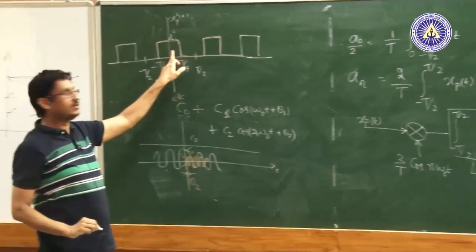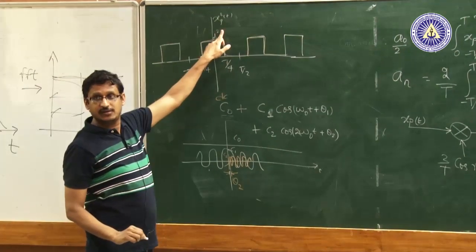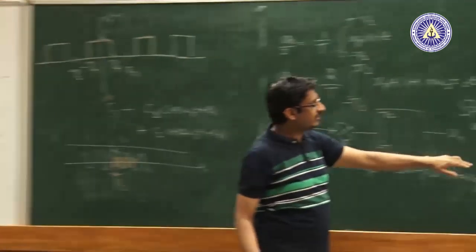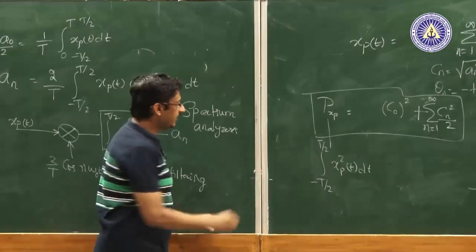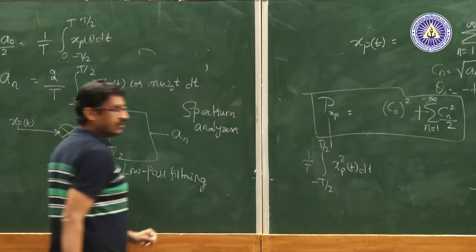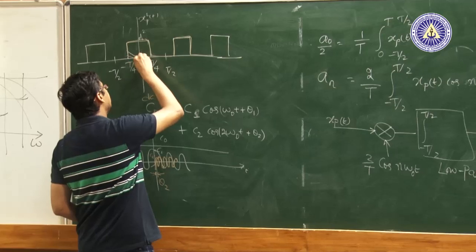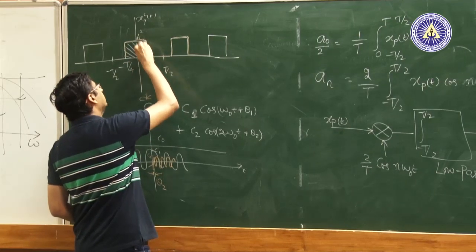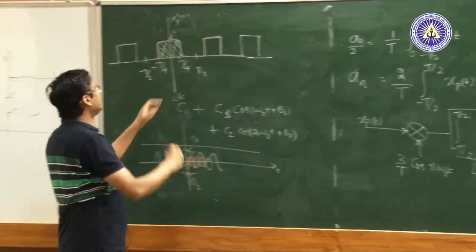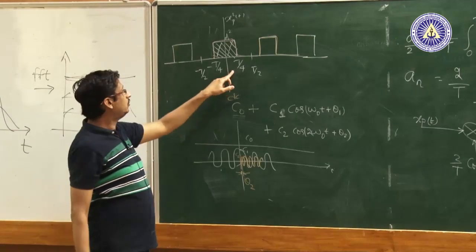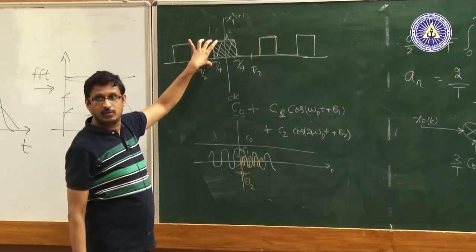When you square it, the amplitude becomes A square, and then you are integrating that over this time period and dividing that integrated value by T. So, we are taking the area under this and then dividing that area by capital T to evaluate the average power in this signal.